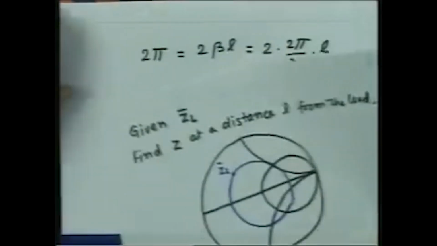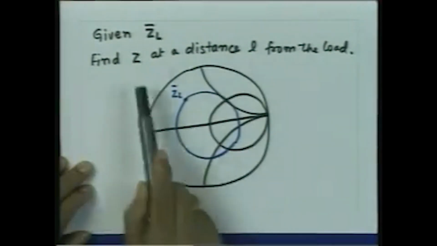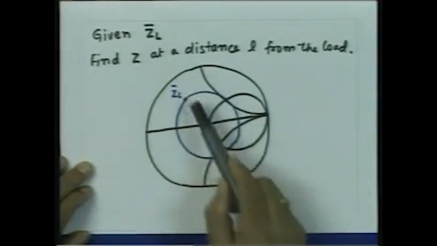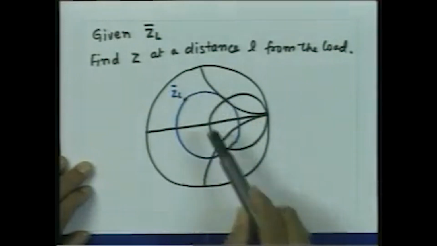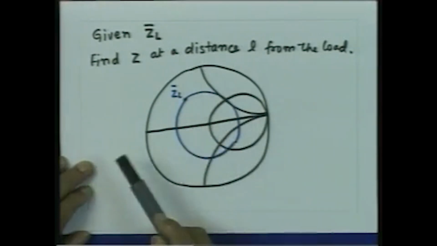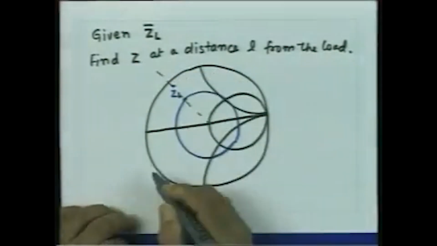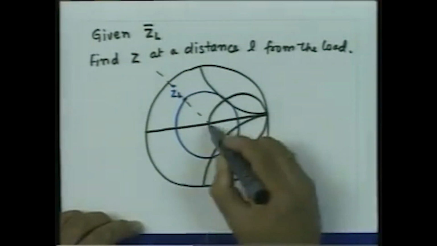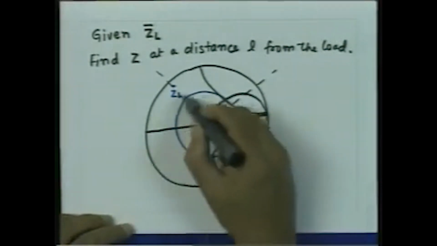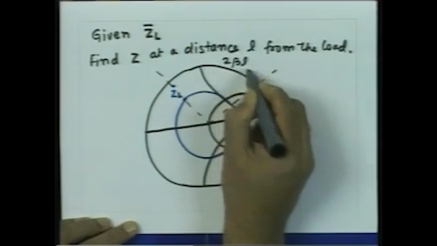Once we get that, now I want to find the impedance at a distance L. So, you move from the load impedance by a distance L, or rotate this point in the clockwise direction by an angle equal to 2βL. Let us say this was the initial angle. I now rotate my point on the constant VSWR circle by an angle of 2βL.